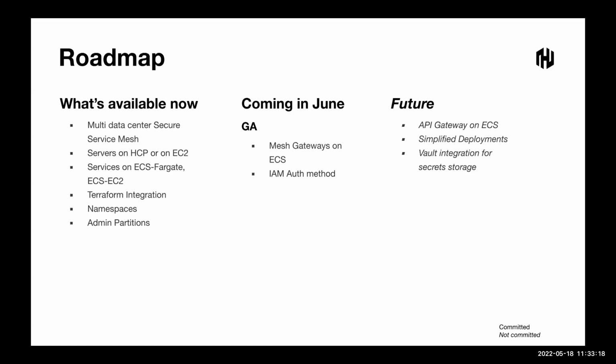And also in the demo, you have noticed that there is a client and service token to register your service. So instead of using the ACL token that you fetch from the Consul servers, we are integrating with the AWS IAM auth method.